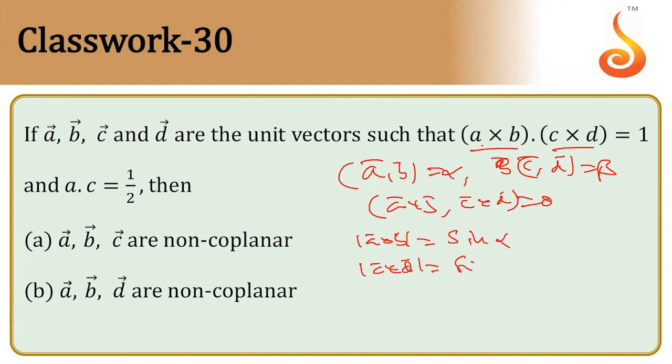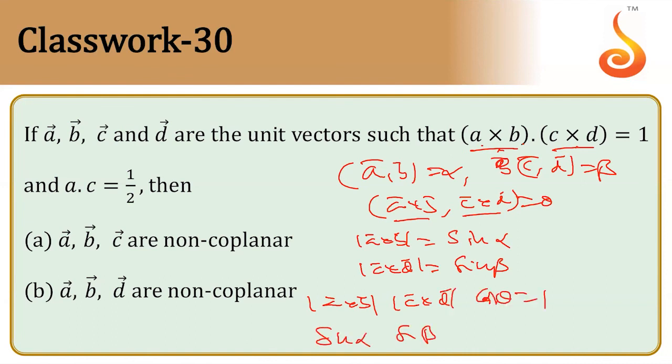Modulus A cross B, modulus C cross D, sine alpha, sine beta comes only. Now, what about this cos value? This modulus into cos theta. That is modulus A cross B, modulus C cross D into cos theta equal to 1. That is sine alpha, sine beta into cos theta equal to 1.